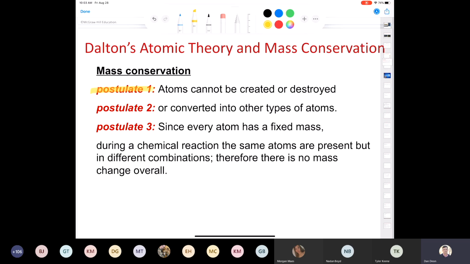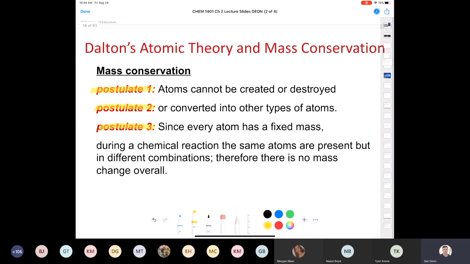You see that postulate 1 says that atoms can't be created or destroyed. You can't convert them into other types of atoms, and every atom has a fixed mass. So since they all have fixed masses, during a chemical reaction, the same atoms are present. They're just going to be there in different combinations. They're just going to rearrange, and therefore there's no mass change overall. So if you're wondering what's the point behind this slide, Mr. Deon? The point is just using Dalton's atomic theory to explain the law of mass conservation.